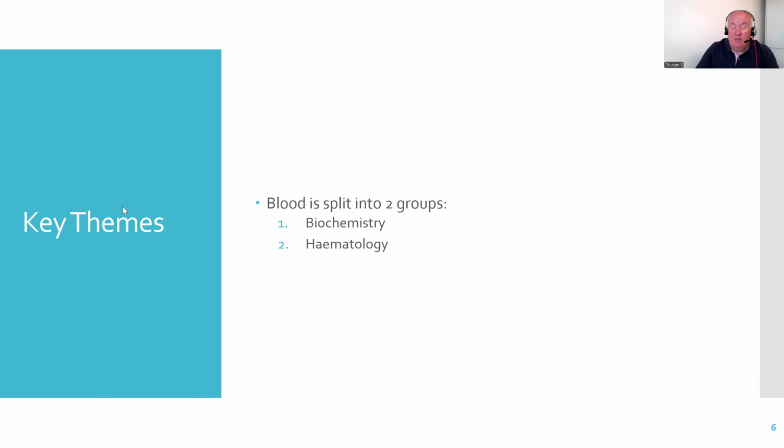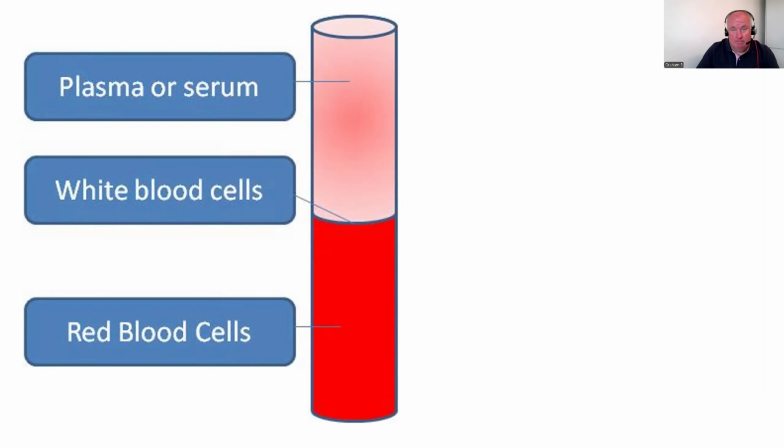And it's approximately a 50-50 split. So about half of our blood is liquid, and about half of our blood is cells. That takes us to a very simple blood test called hematocrit.